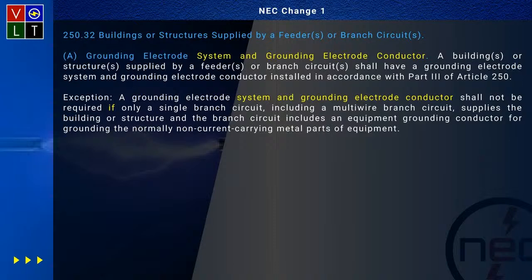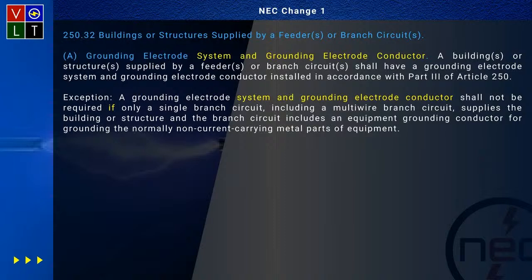Now, if you have an existing building or structure, when it first came into the code, 250.32 was B(1) and B(2). Now it's 250.32(B) with an exception. You used to be able to go over and treat it like we used to do ranges, and as long as you didn't have parallel paths between the two structures, I could use that neutral and ground it at the panelboard.